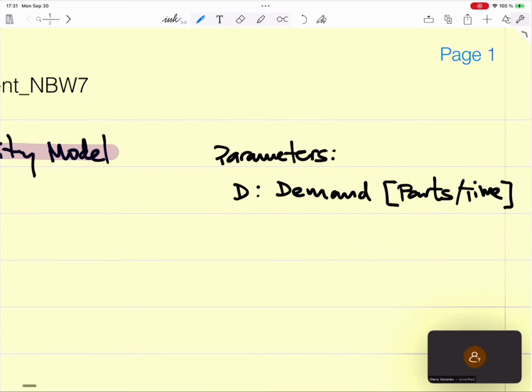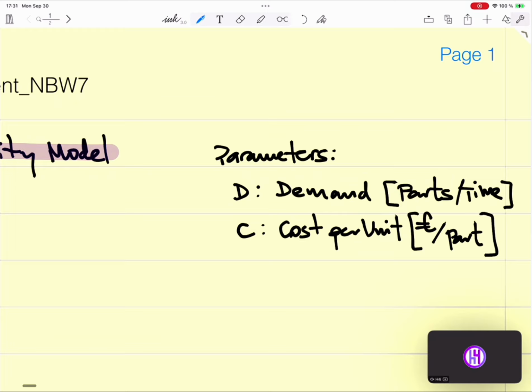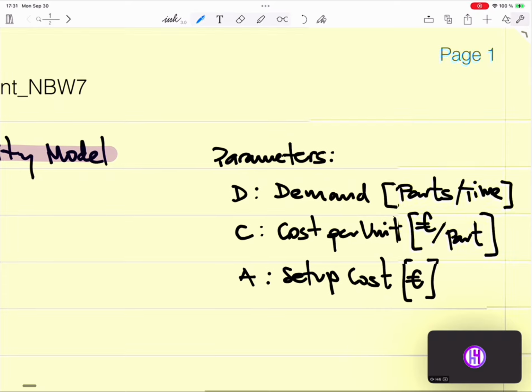No problem. So the first thing is the demand, which is measured in parts per time unit. The second thing is C, which is a cost per unit, and this is going to be measured in euros per part. And then also the setup cost, which is the cost it takes to change from one product to the next, in euros.